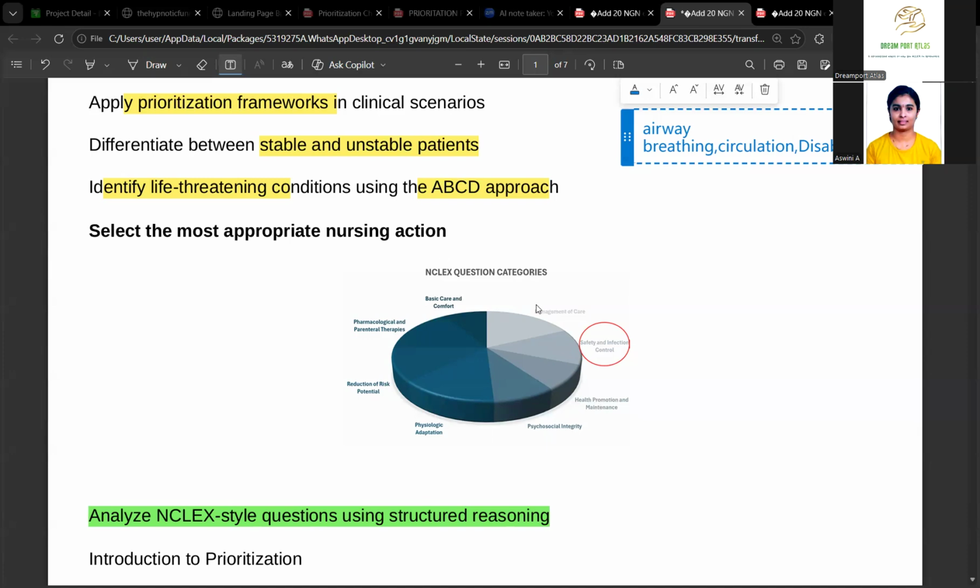Each question will follow any of these criteria, but in all of them the main focus is patient safety, as well as prioritizing the need, the care, and identifying any immediate need or complication. To prevent complications or promote safety, we need to apply a prioritization strategy.